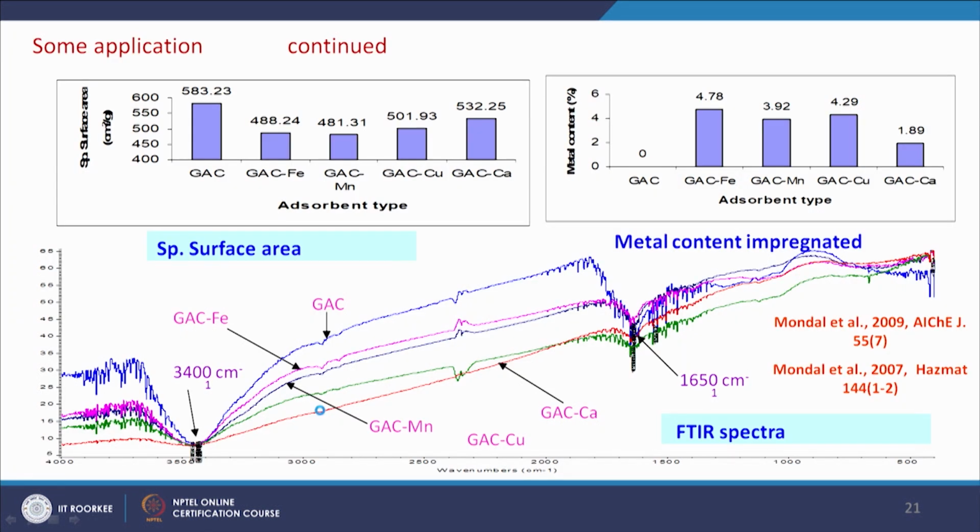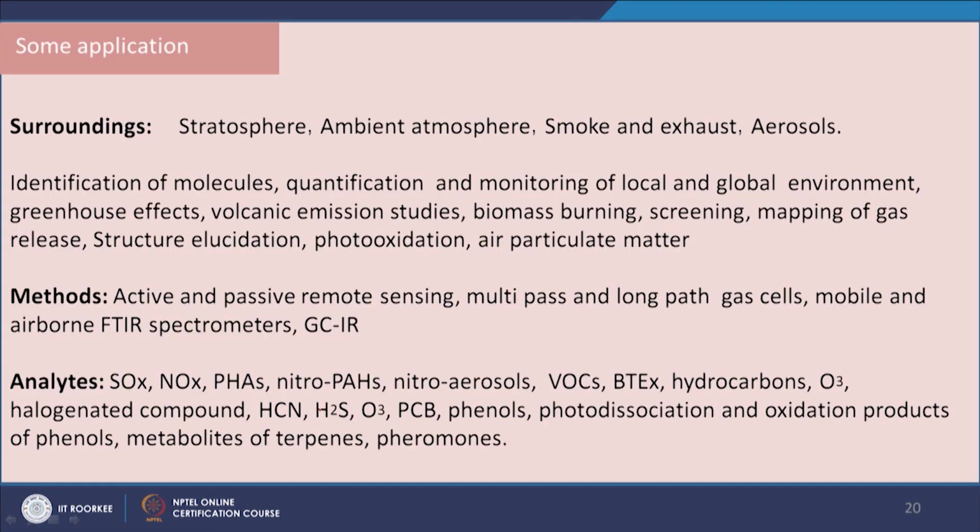And now, some applications we will see. FTIR can be used for different applications, like analysis of pollutants in the stratosphere, ambient atmosphere, smoke, exhaust and aerosols, like identification of molecules, quantification and monitoring of the local and global environment and greenhouse effects, volcanic emission studies, biomass burning, screening, mapping of gas release, structure elucidation, photo oxidation, air particulate matter.